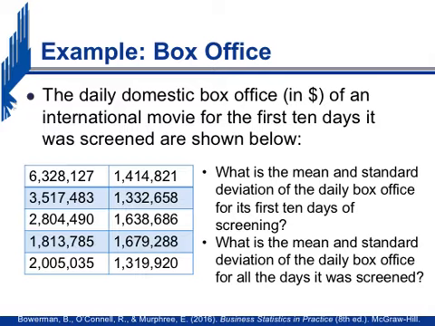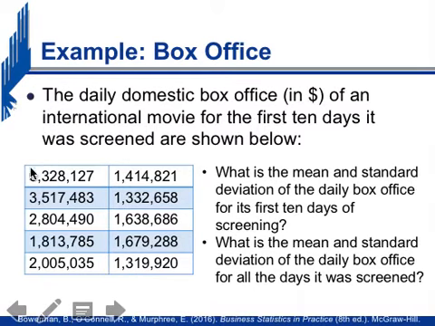So for the first question, it's asking for the mean and the standard deviation for the first 10 days. Now, to determine the formula that we have to use, just ask yourself if you have all the necessary information to allow you to compute for the mean and standard dev of the first 10 days.